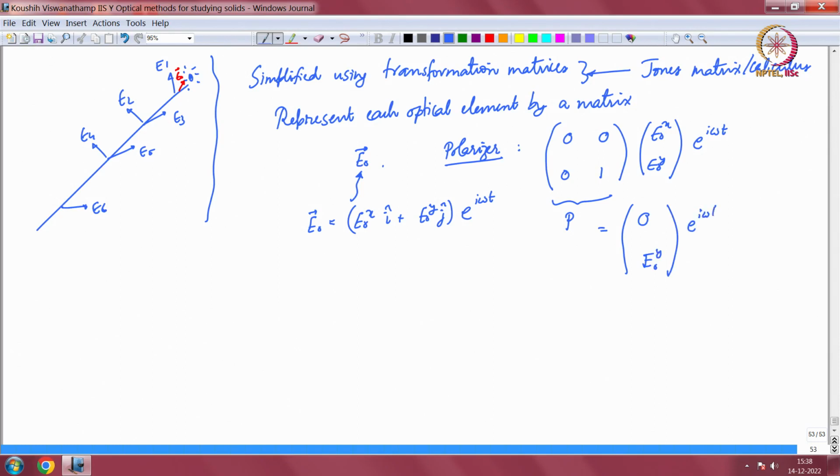So, after the polarizer the light looks like this, which is what we have. So, you can associate a matrix with each of these elements and make them do stuff to the incoming wave and transform it into some other wave that is going out. That is the basic idea.